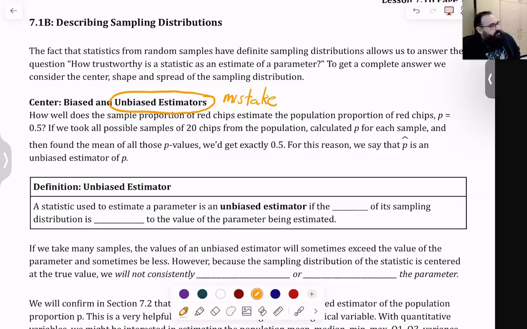So all this to say, let's say I wanted to estimate the average height in this room. What would be the best guess? Where would you even start guessing? Now what if I took a sample of 10 of you and found the mean of that sample?